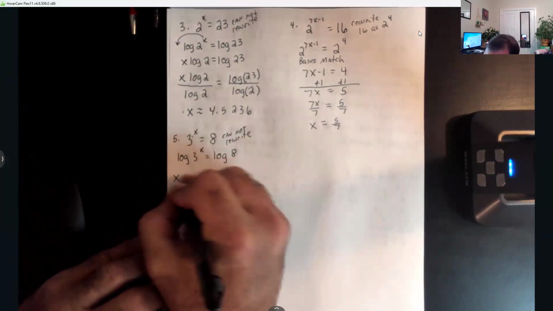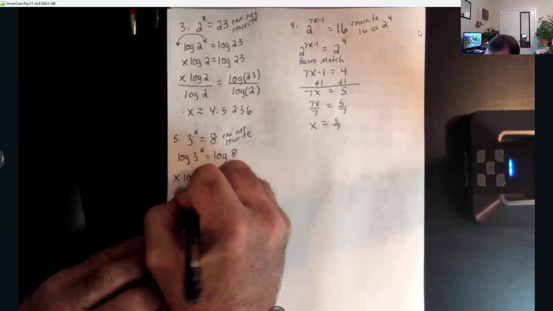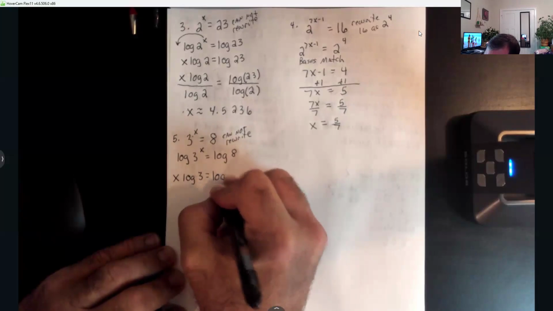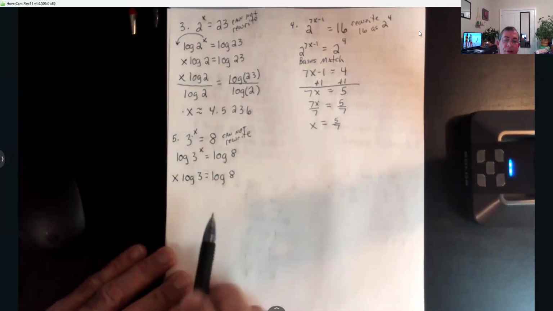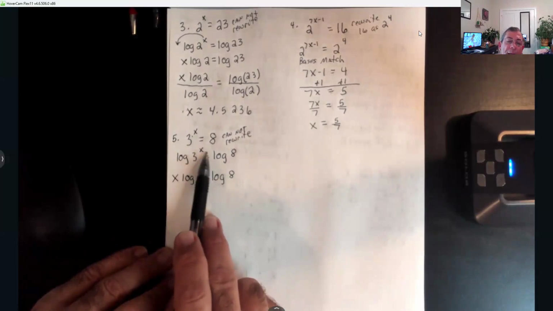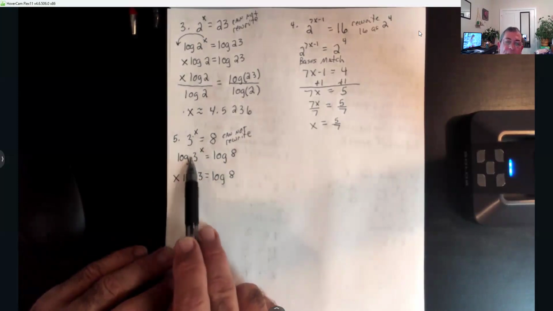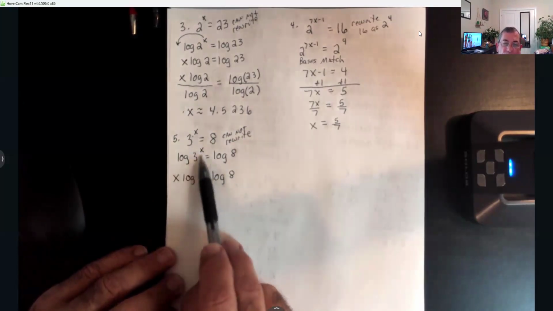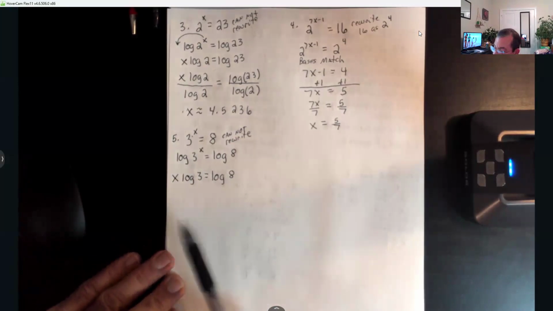So I get x times log 3 equals log of 8. And y'all, that's the only reason we're taking logs of these, because that's the only way we can bring the exponents down, by taking logs and utilizing the power rule.